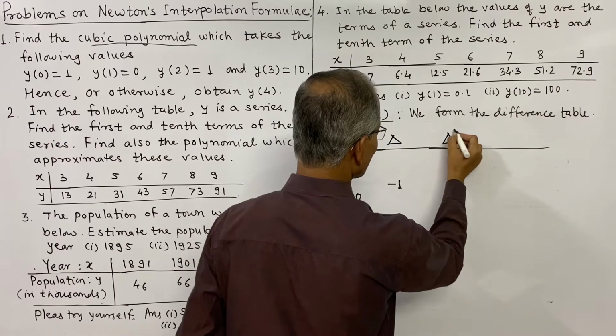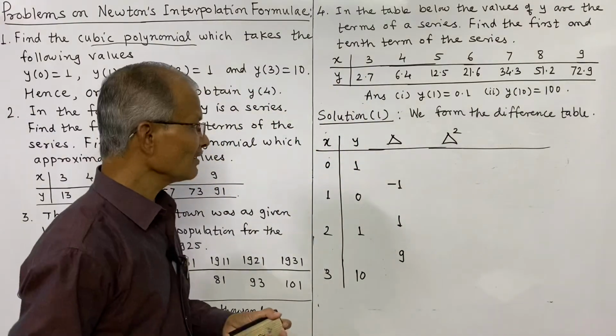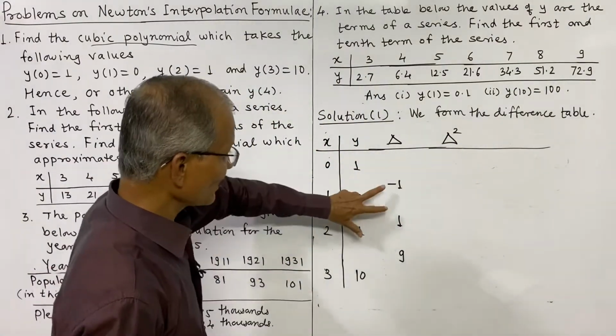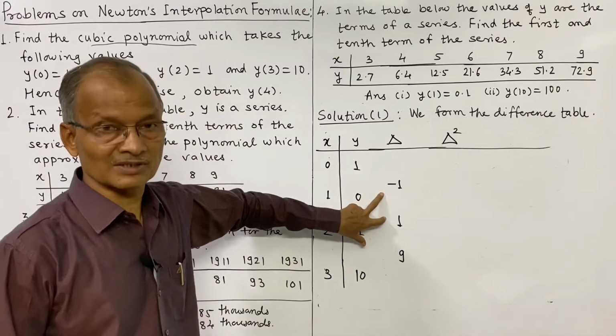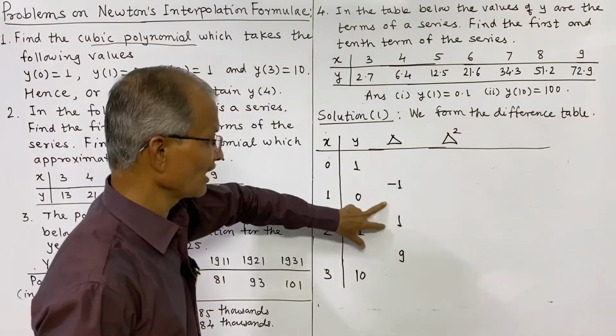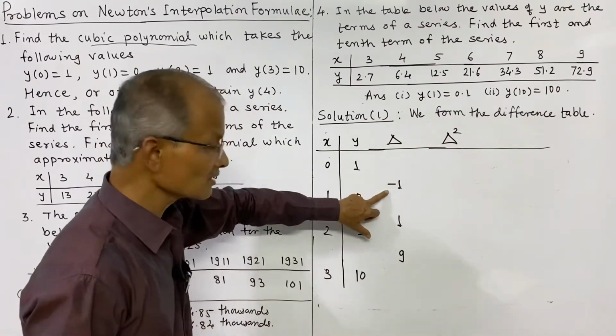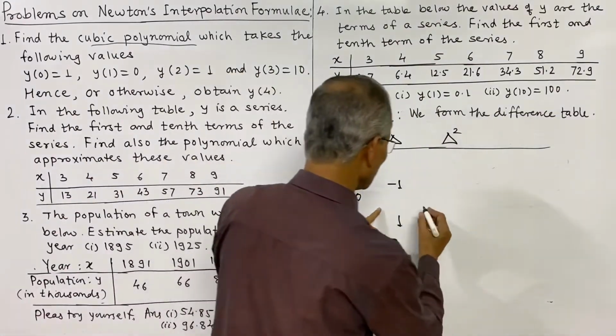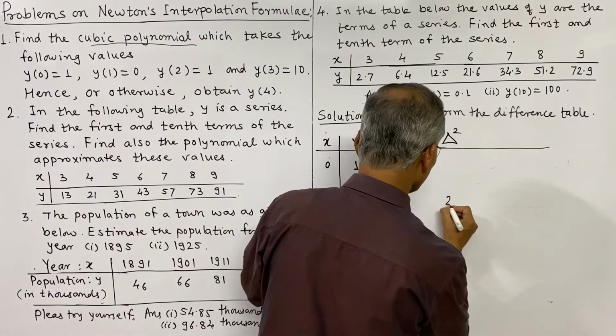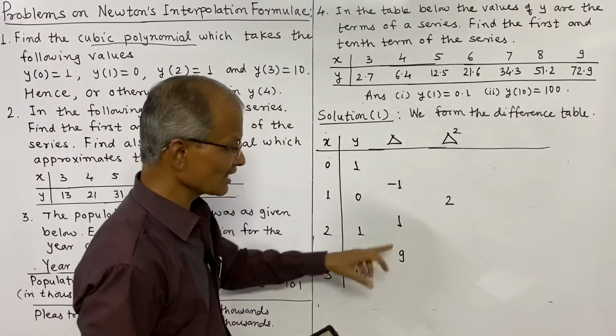Then delta square. The second differences we obtain by taking the difference of the first differences, from the column of delta. So 1 minus minus 1 is actually 2, so we write 2 here. And then 9 minus 1, which is 8.